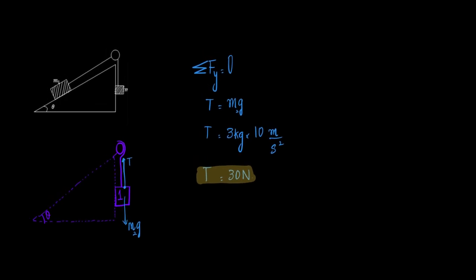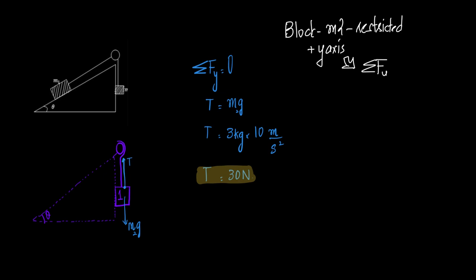Now, block 2, which is the mass M2, is moving only in this direction. It is restricted to the y axis. Which otherwise means there is only the need to consider sigma Fy, because sigma Fx is equal to 0.